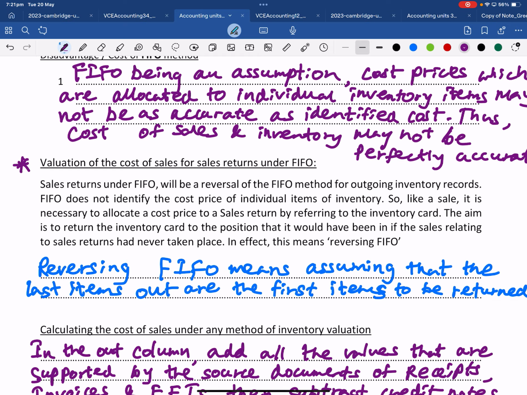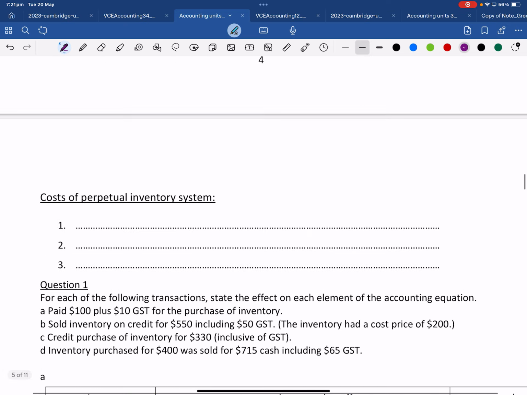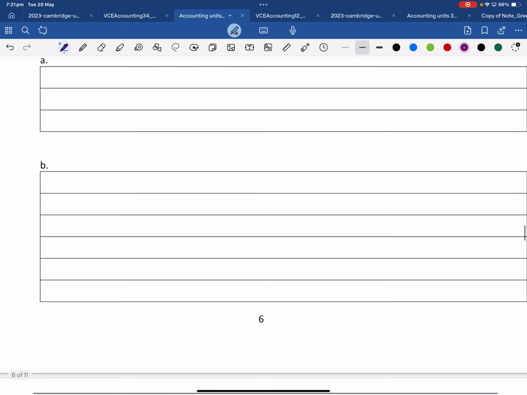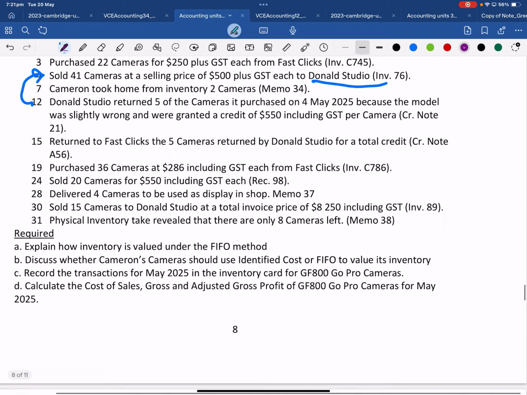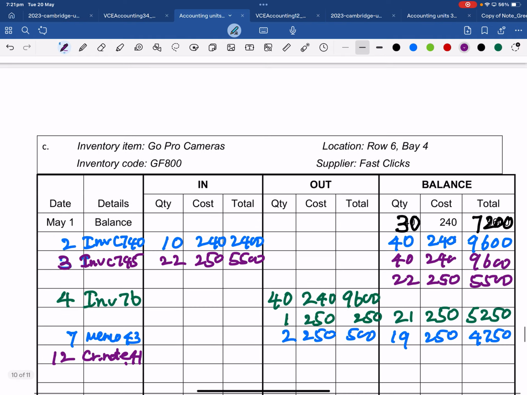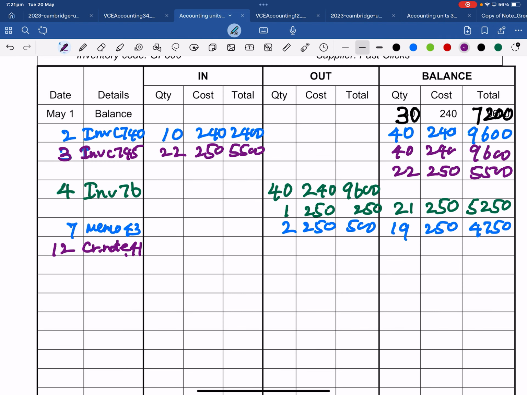So in FIFO, guys, that paragraph I will explain to you. What we are going to do is assume that the last inventory to leave the business is the one that comes back first. So we call it last out first in.